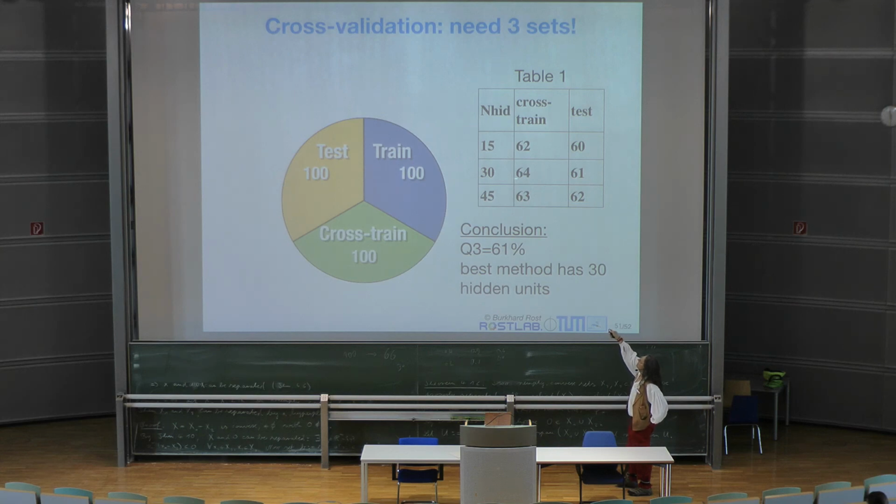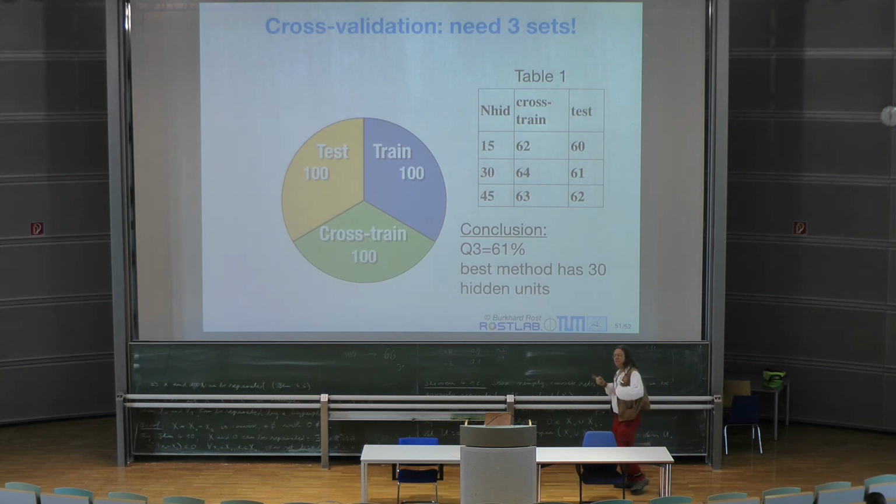So you say 30 is best because for the green set it is 64 and 30 is best. You may be inclined to look up how these numbers actually look for the test set, which you're not supposed to do. And you may see that what would have been best for the test set is actually 45, not 30. But then what you have to publish is that my best solution has 30 hidden units and the performance is 61%.